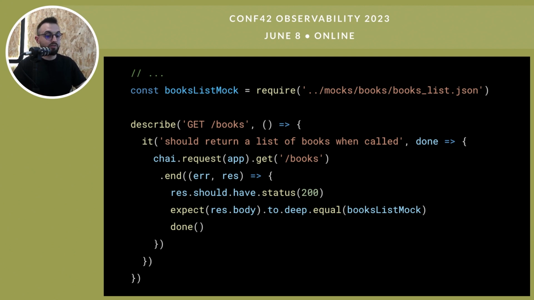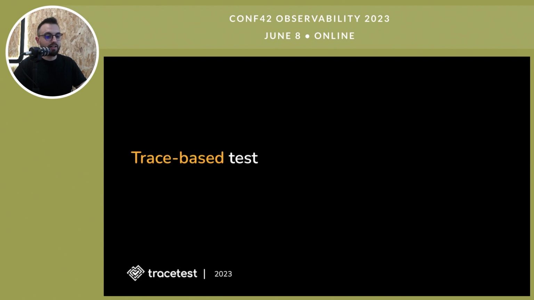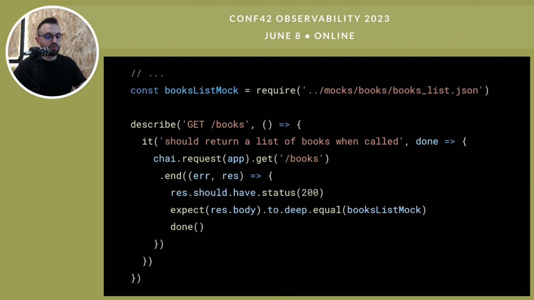And then you have to figure out how to trigger a request, and then whether that request needs authentication, et cetera, et cetera. And then you have this tiny little speck of code where you say the response should have a status of 200. And then you're expecting the body to be equal to what you're mocking. So you have 2 lines of code and you have a ton of piping you need to figure out.